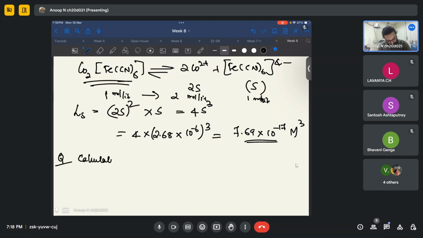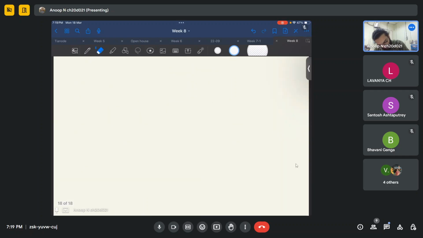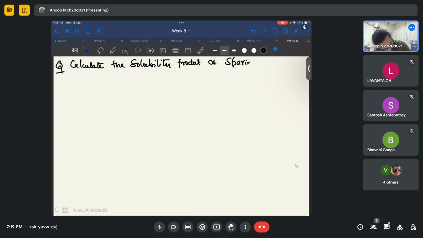Calculate the solubility product of the sparingly soluble salt CaF2 from the following data.